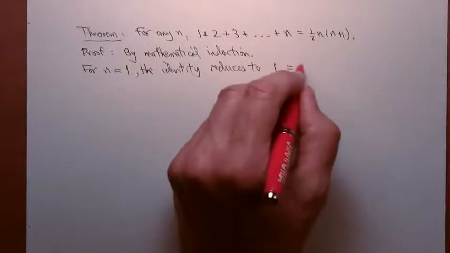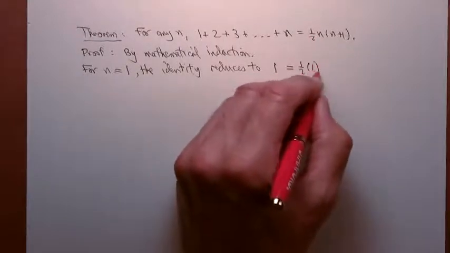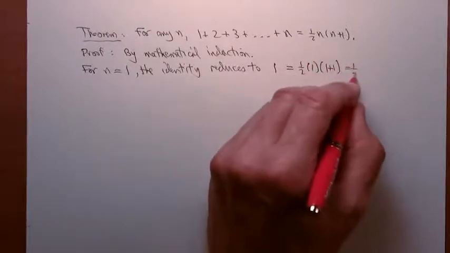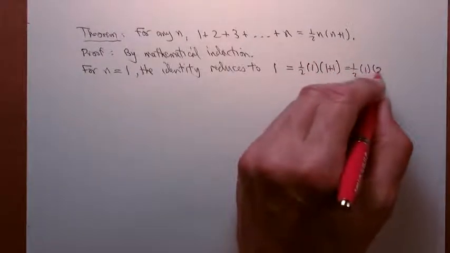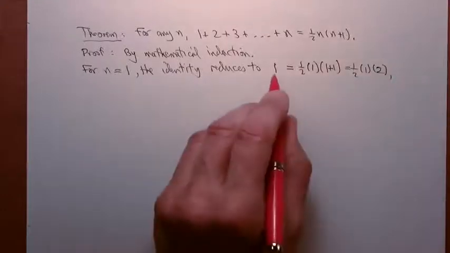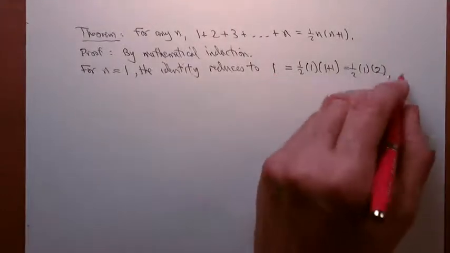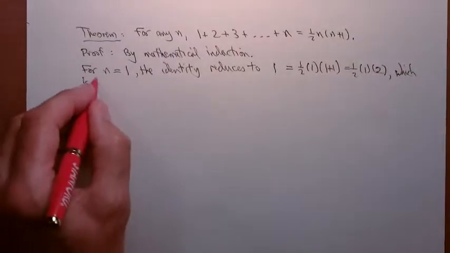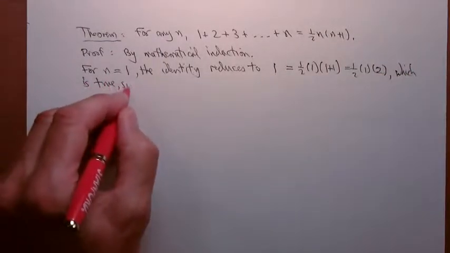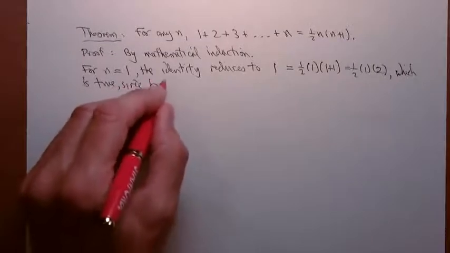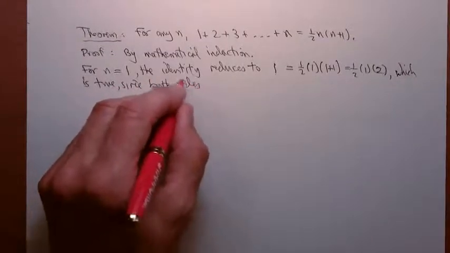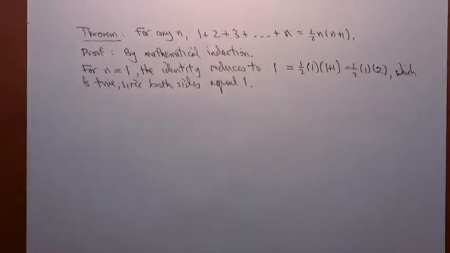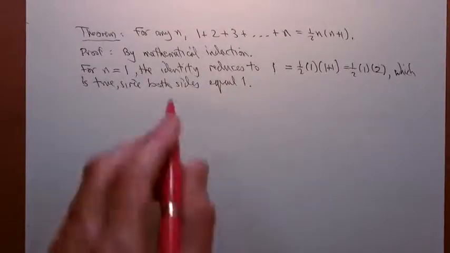Put n equals 1 on the right-hand side, I've got a half times 1 times 1 plus 1, which is a half times 1 times 2. And indeed, the left-hand side does equal the right-hand side. So that's true, since both sides equal 1. So we've proved the first step.